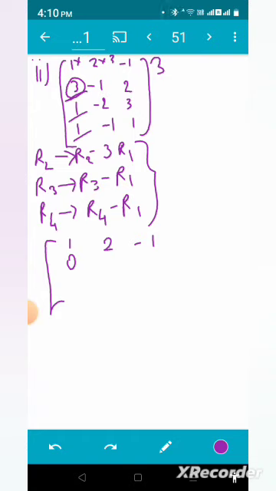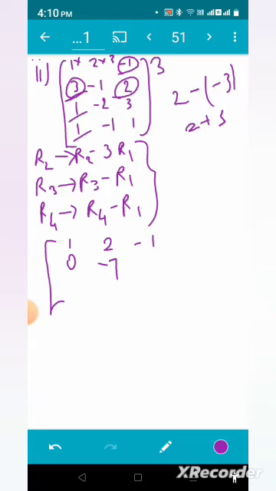Minus 1 minus 6, that is minus 7 here. Then 2 minus of minus 3, that is 2 plus 3, that is 5. I get 5 here.